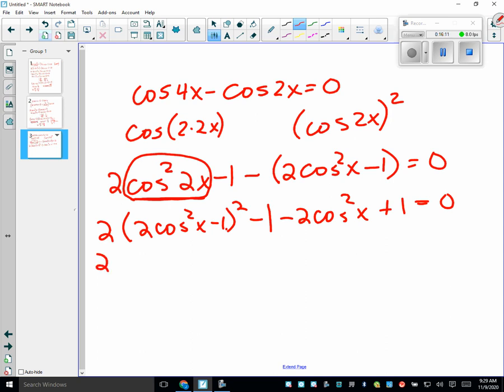I had no problems with the other two problems. When I square this, did you foil that? Or no? I can foil it, but I'm going to take the shortcut. Don't we have a shortcut? Square the first.